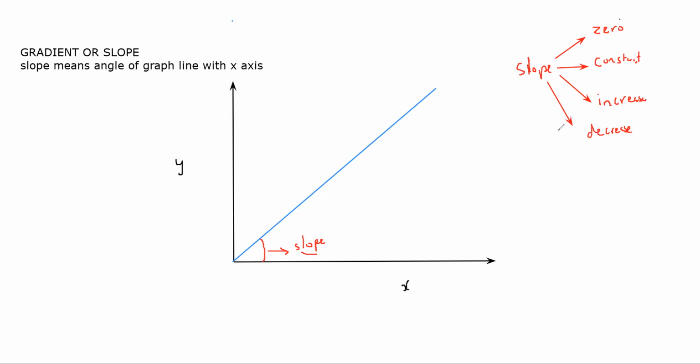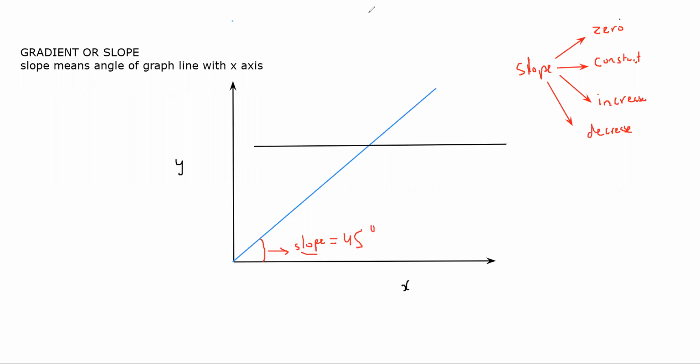Example, if you take this example, slope means angle with x-axis. So if this is the x-axis, for example, if this angle was 45. If I draw x-axis, any point I will draw a horizontal line.